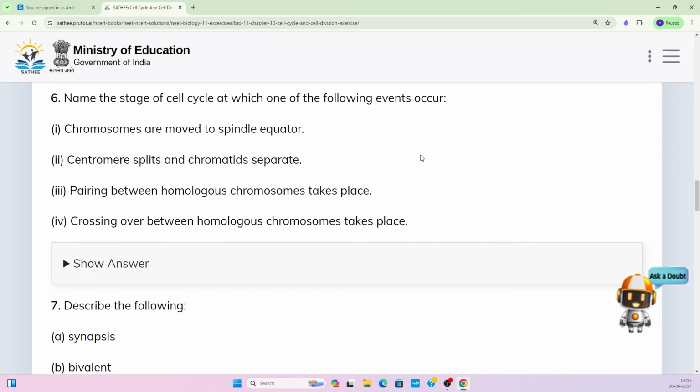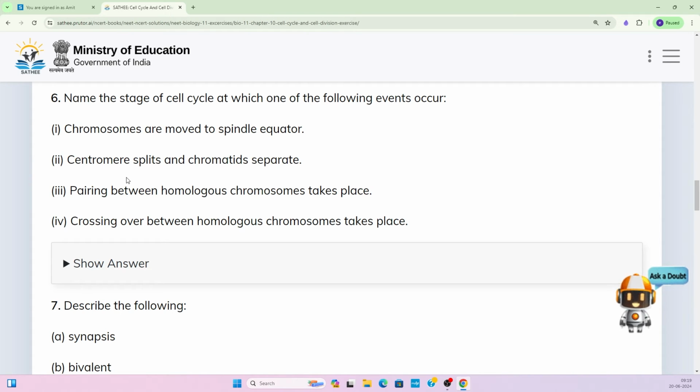Moving to our next question: name the stages of the cell cycle at which one of the following events occur. We have to tell at which stage each event occurs in the cell division. The first is chromosomes are moved to the spindle equator.